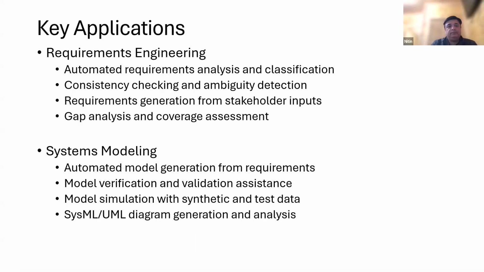Key applications. There are multiple applications which we can assume and evolve and think of for Gen AI for systems engineering, but I feel that there are four key areas where Gen AI can pitch in and help. One is requirements engineering. A lot of systems engineering is related to textual requirements or plain English descriptions.